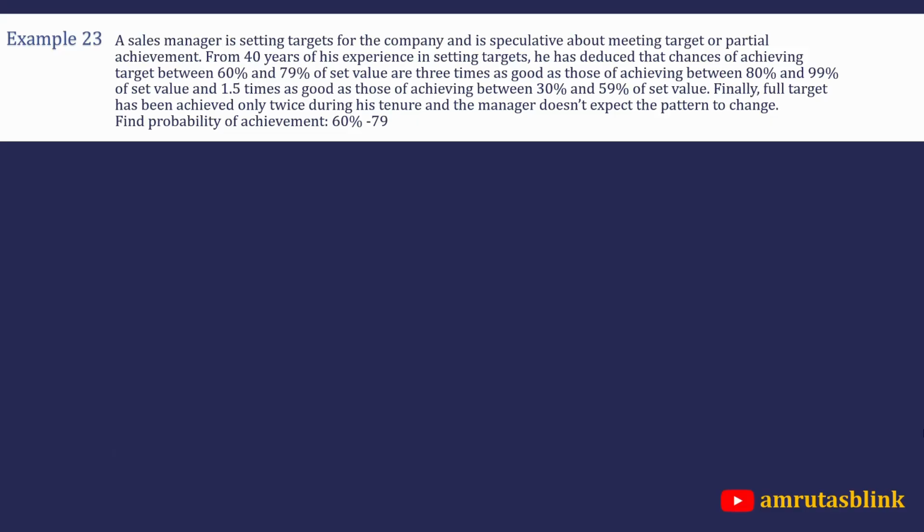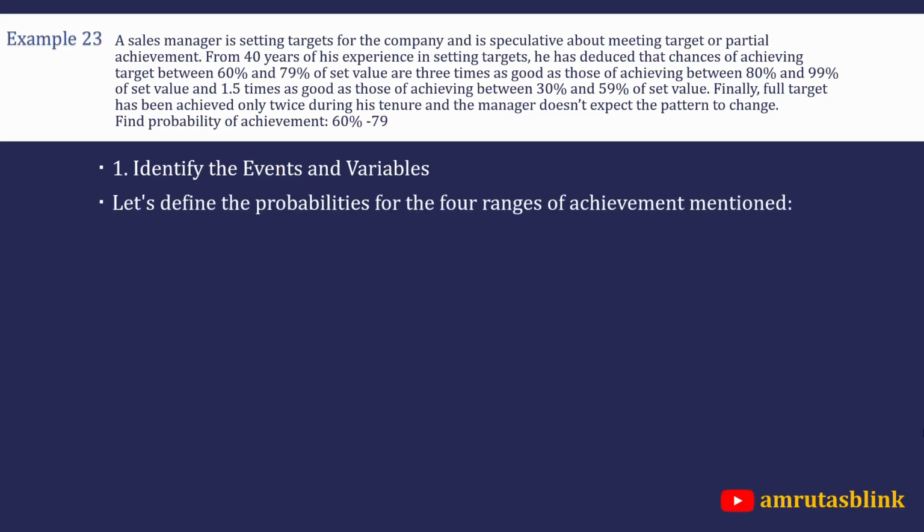Now in this question, what they have asked you is, finally full target has been achieved only twice during the year, and we need to find the probability of achievement of a specific target. So the probability of that particular segment we need to find out. First of all, we will identify all the events and all the variables. So let's define the probabilities of the 4 ranges of achievement as mentioned in the given problem.